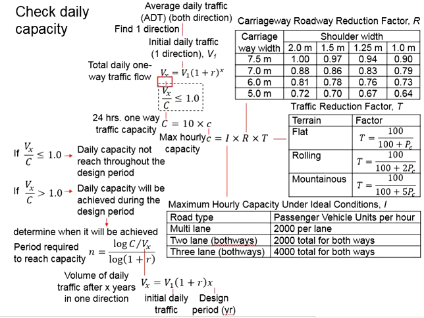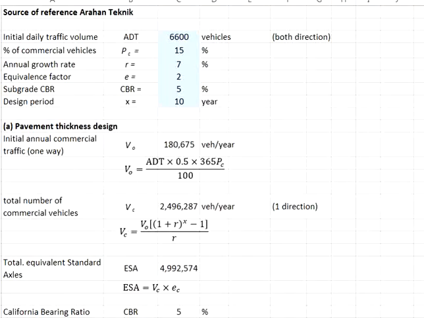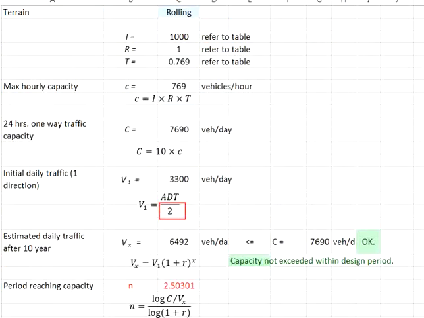Next, you will need to determine the traffic volume at the end of the design period. You have the ADT representing the average daily traffic at the initial stage when the road is first being put into utilization. It represents both directions. That means the ADT 6,600 vehicles are for both directions. Divided by 2, that gives you 3,300 vehicles per day in one direction. Next, you will need to estimate the daily traffic after 10 years.